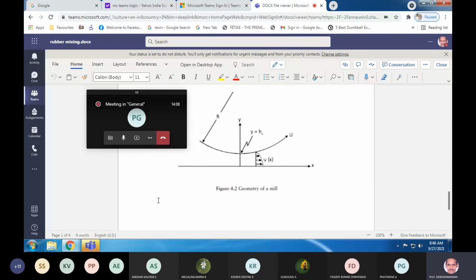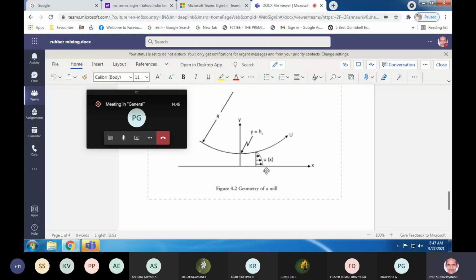In an open mill, this is a typical geometry, and you see this bold horizontal line that is at the midpoint of the nip. Okay, and if you look at the velocity profile, the rubber chains on the rubber roll travel at a reduced velocity as compared to away from the flow lines, away from the bowl.